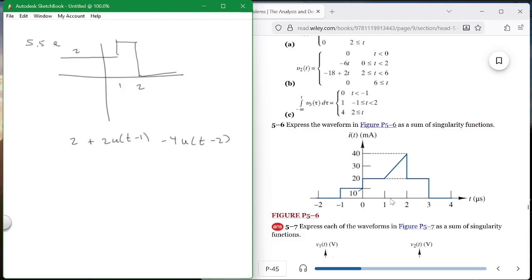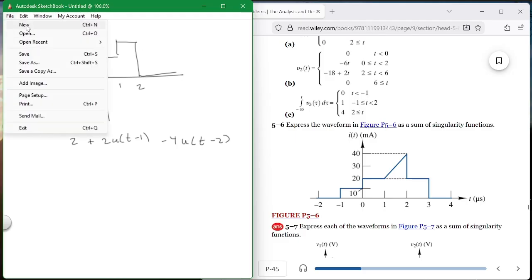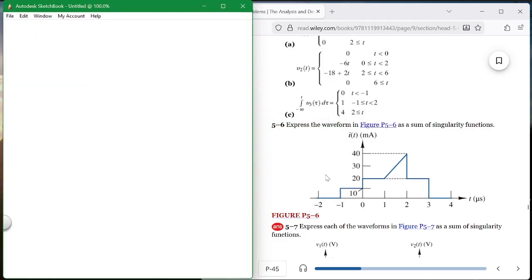So this would be, okay, so it goes from -1, so it's 10 u of t plus 1 plus 10 u of t, and then I go to a ramp.